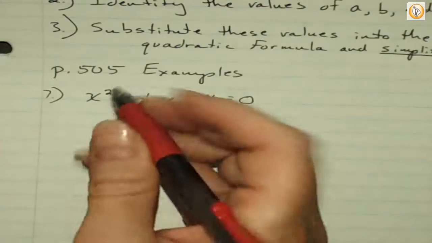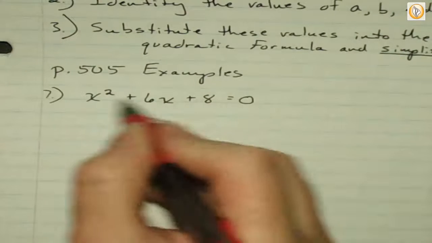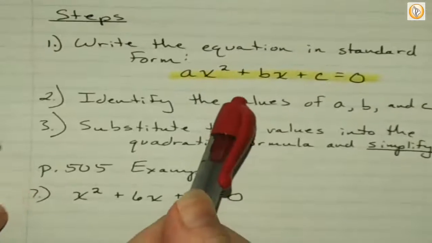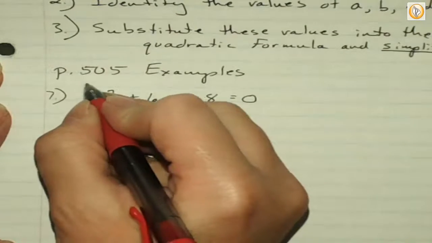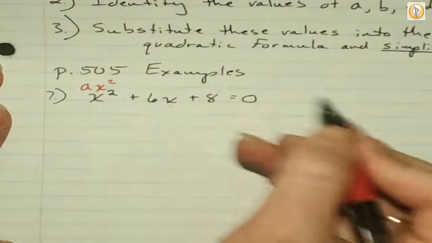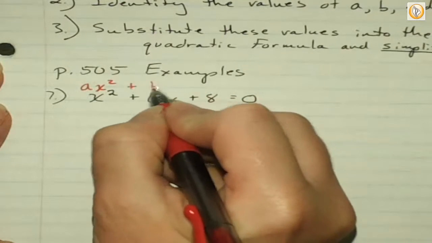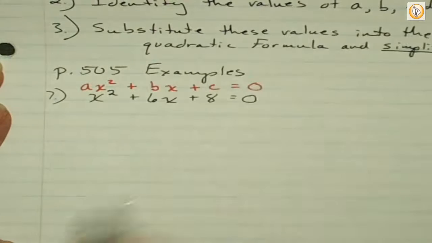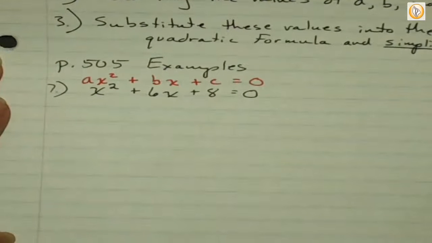Yep. Right above your equation, once you have it written, go ahead and write standard form: ax squared plus bx plus c equals 0. Because then your eyes are drawn to the different values.